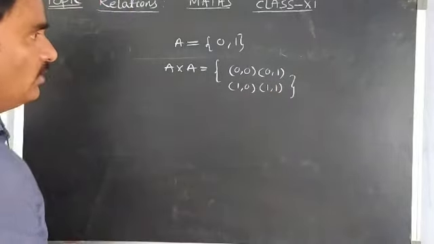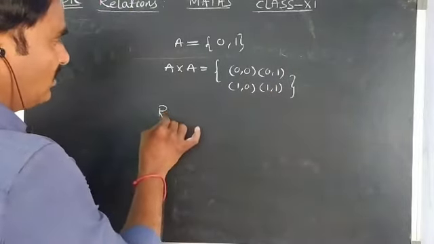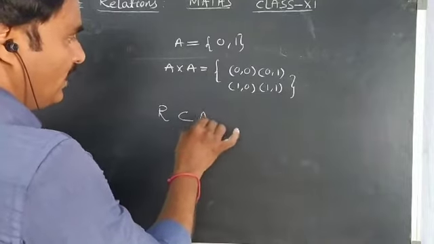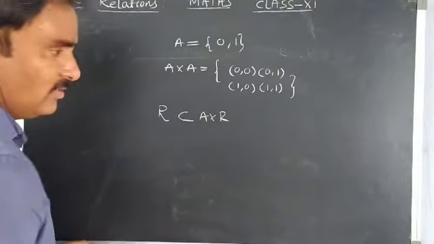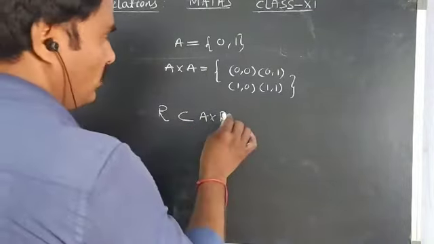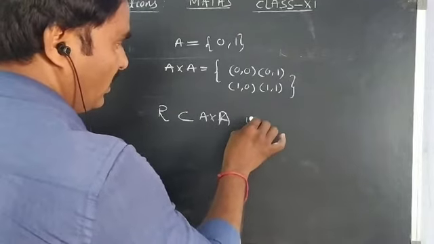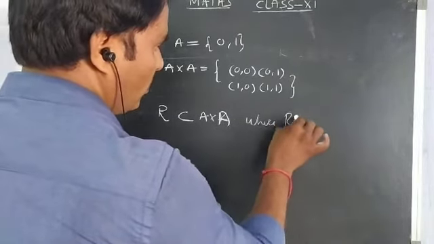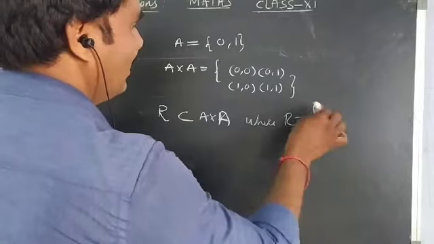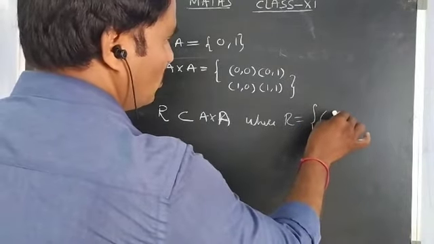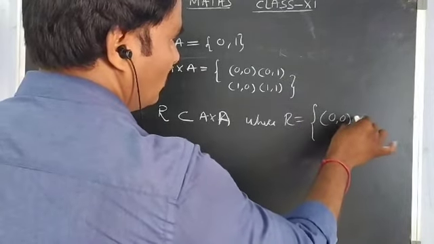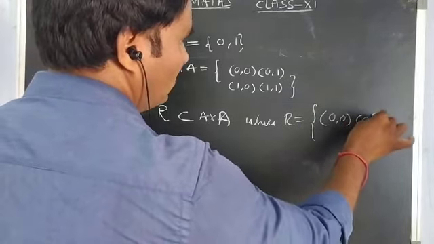This is the Cartesian product. Now I am taking one subset of A cross A, where R equals {(0,0), (0,1)}. This is a subset of A cross A.